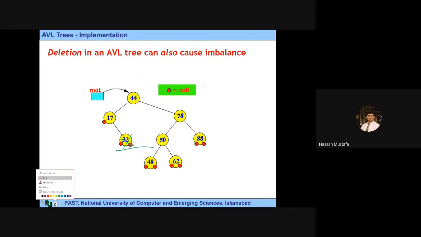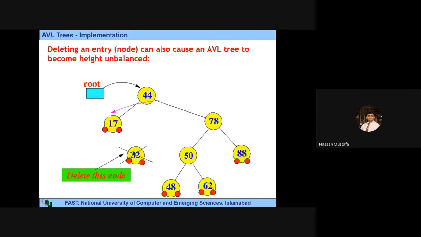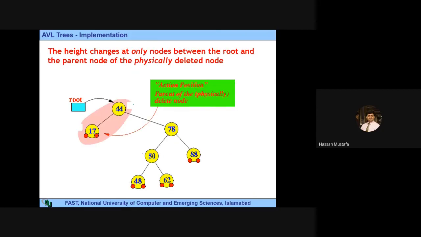So in that case, after deleting 32, we need to check the balance factors of 17 and 44. Okay, so 17 is the first position that has the issue, and these are the ancestors whose balance might have been affected.